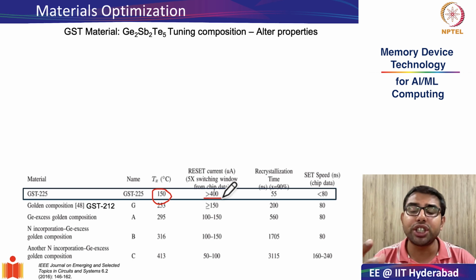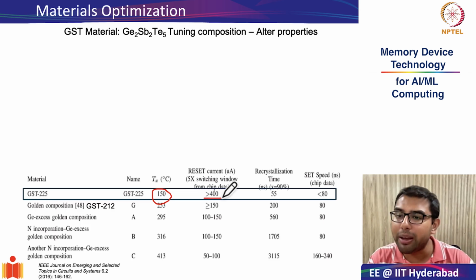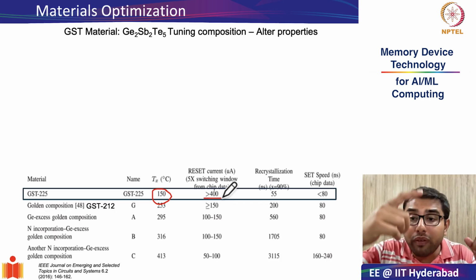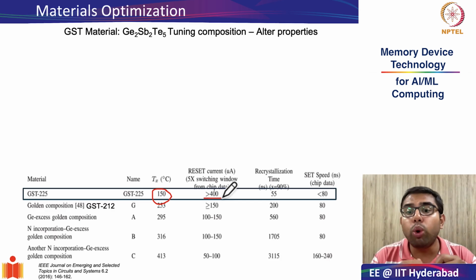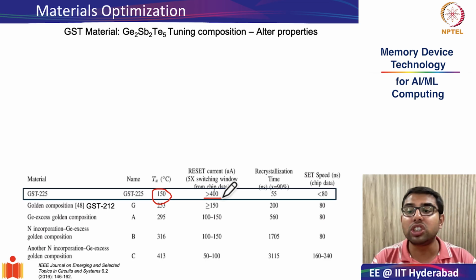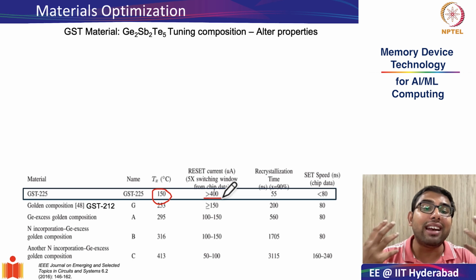Remember, recrystallization is when you already have some amorphous state, and even a little bit of heat can recrystallize the material at intermediary temperatures. So what you have to do when you do a reset is a very fast melt and a very fast quench. And to do a fast melt and fast quench, the amount of reset current you need to supply to the PCRAM needs to also be very large.